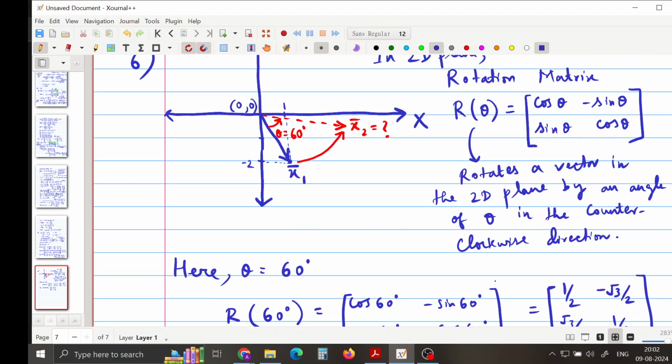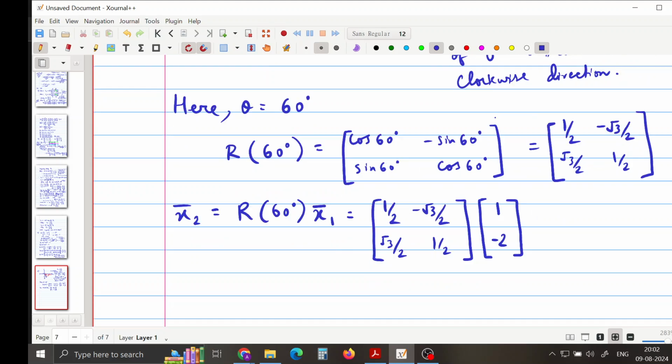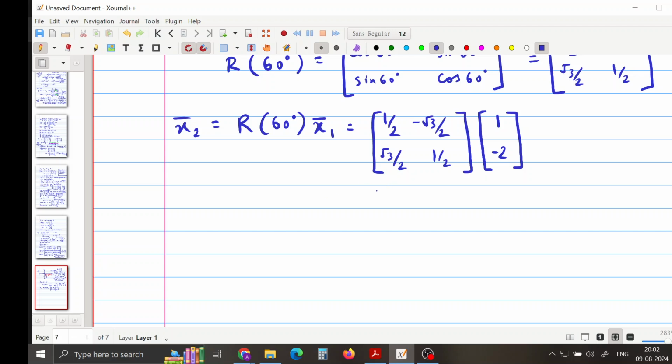X1 is how much? 1 comma minus 2. This was our original vector before transformation, before rotation. Now it gets rotated to a new position defined by x2 bar, which is, if you perform this multiplication, you'll get half plus root 3 and minus half plus root 3 by 2. So this is the new resulting vector after rotation.